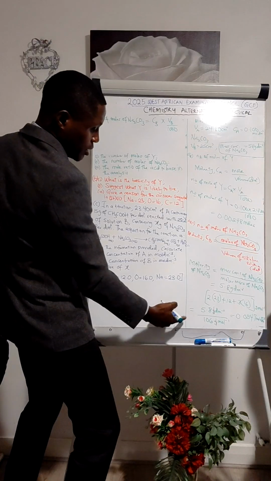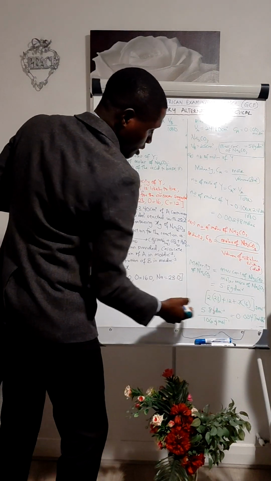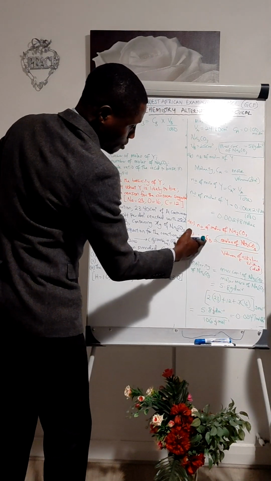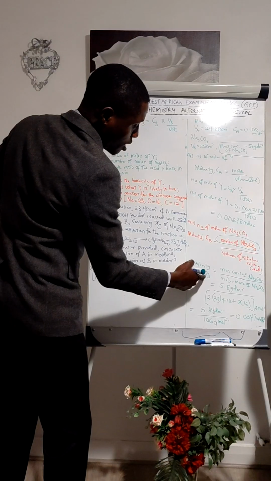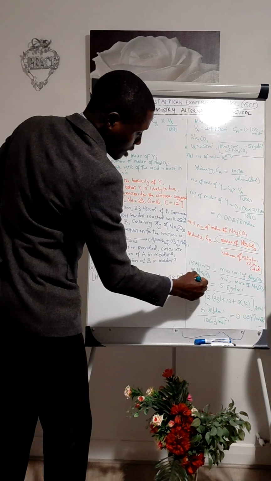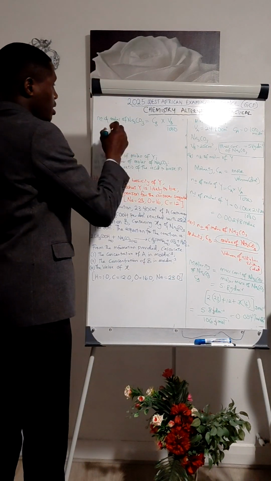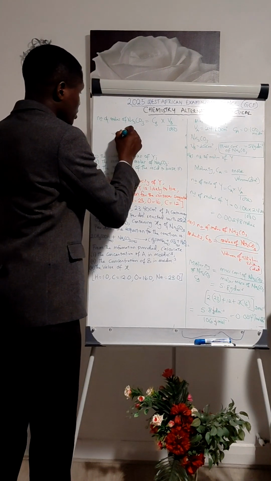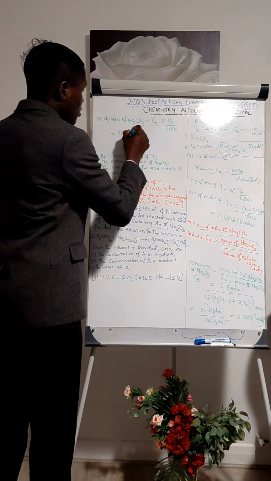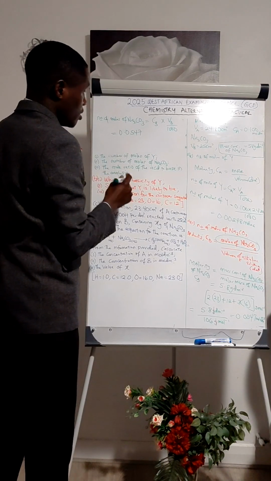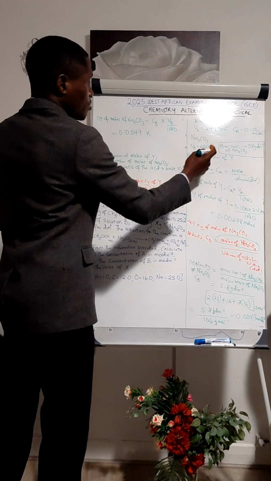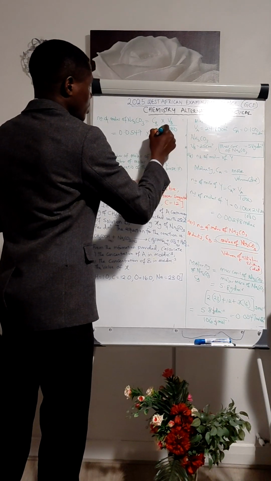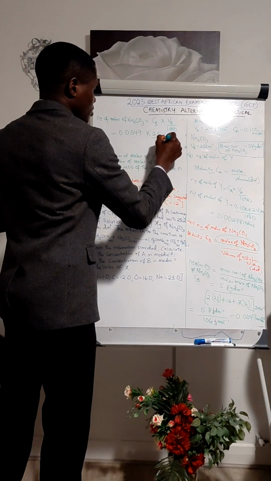So your CB now is what you just got here. Don't forget this CB, which is the molarity of sodium trioxocarbonate IV, is also tagged CB. So we have CB is going to be 0.0547 times, what's the volume given to us? The volume of B given to us is 25 divided by 1000.